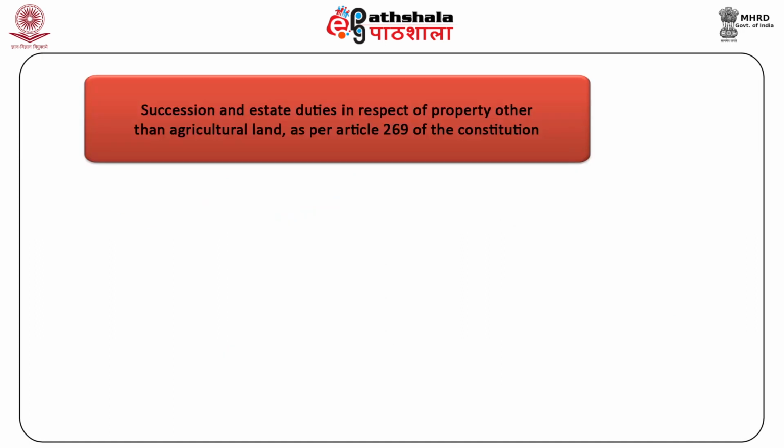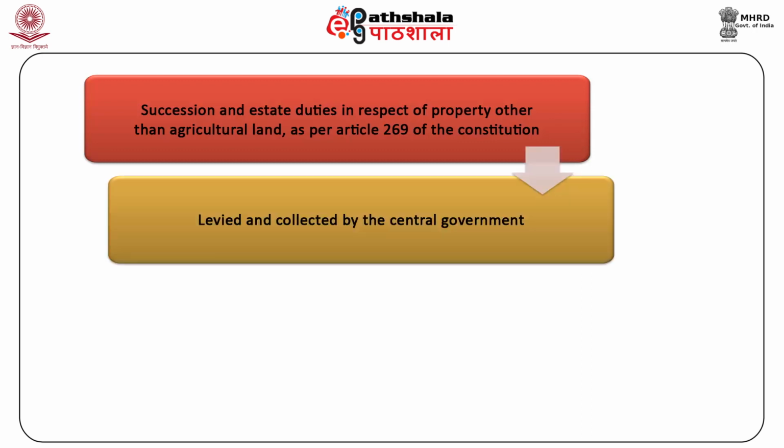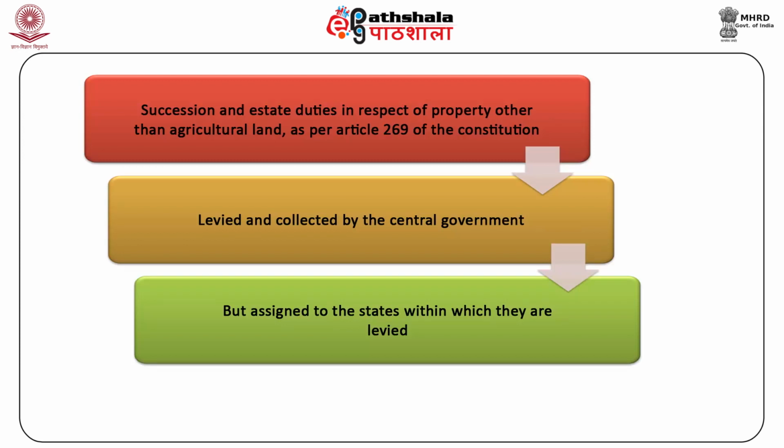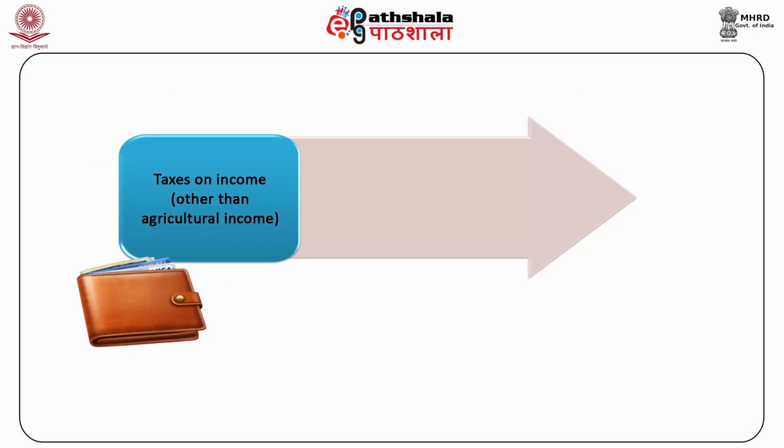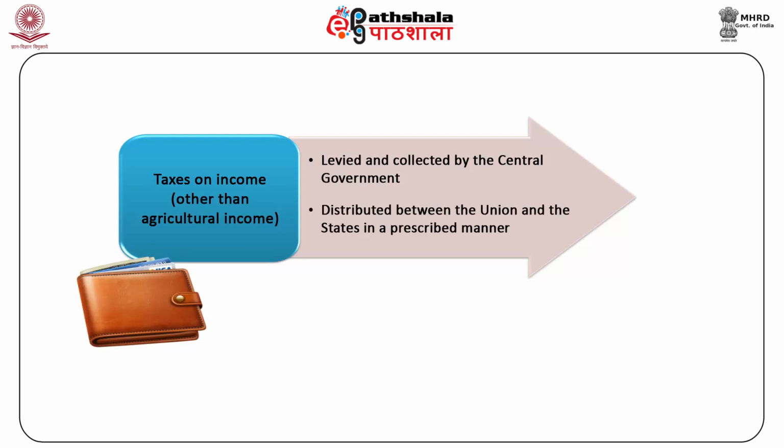Succession and estate duties in respect of property other than agricultural land, as per Article 269 of the Constitution, are levied and collected by the central government but are assigned to the states within which they are levied. Taxes on income other than agricultural income under Article 270 of the Constitution are levied and collected by the central government but are distributed between the Union and the states in a prescribed manner.